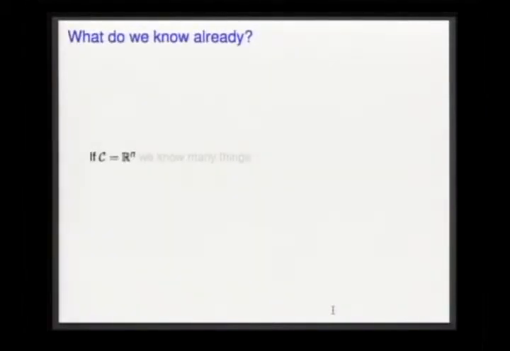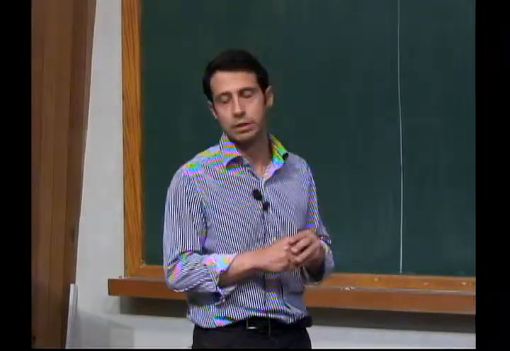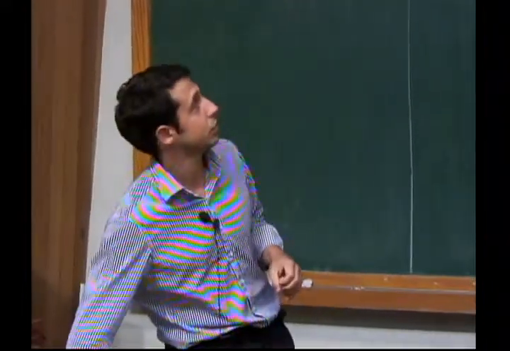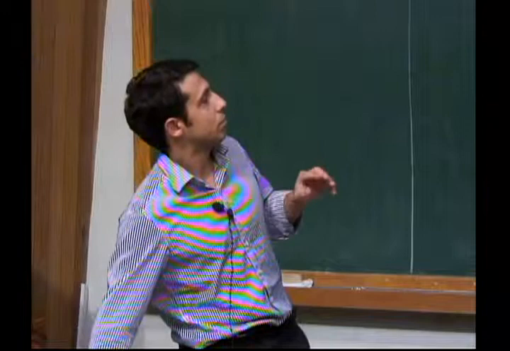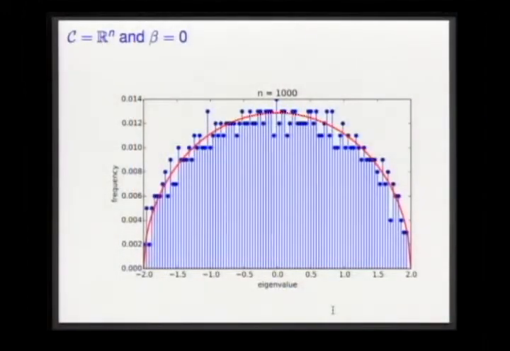So what do we know about this problem? There is a bunch of things we know already in the case C is equal to R^n. I will shortly review these things, because I want to redo the proof in that case using the techniques we use to tackle the other problems.